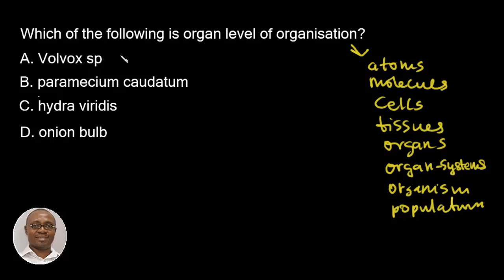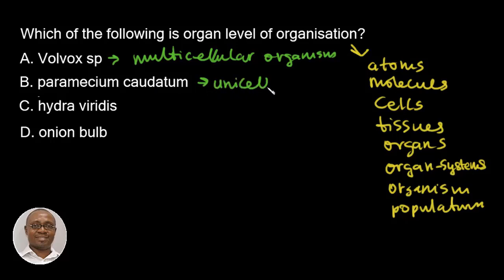So which of the following is organ level of organization? The Volvox species is a multicellular organism. Okay, good. Option B, the Paramecium caudatum is a species of unicellular organism.